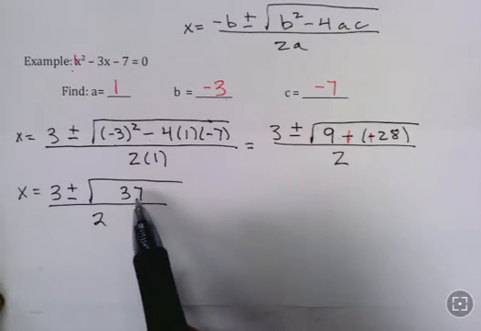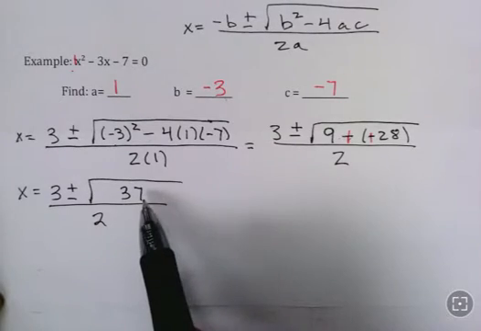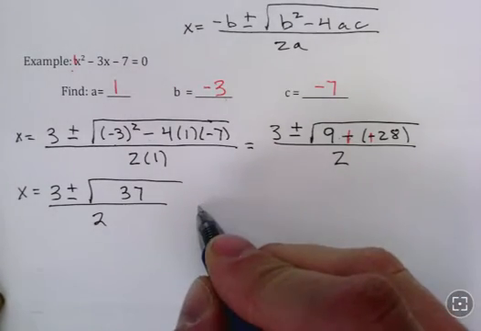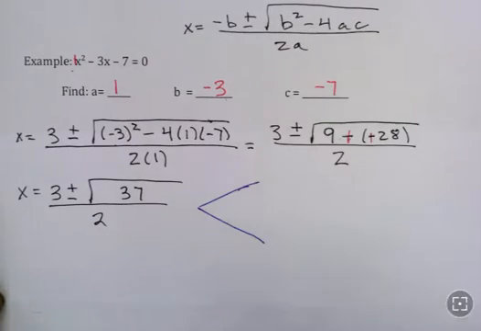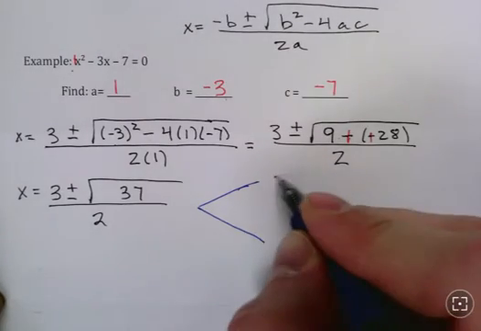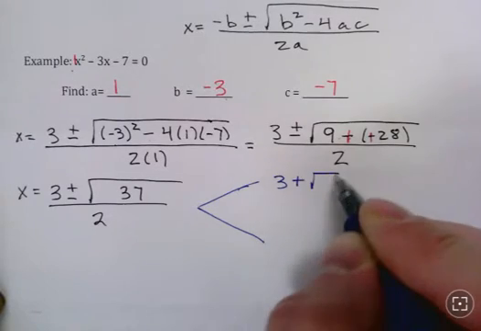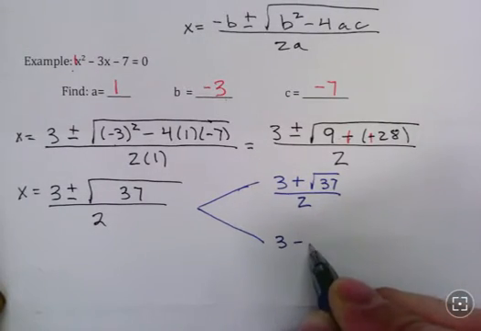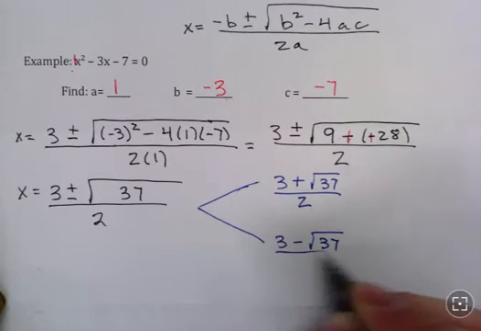You want it to be the square root of 36, but it's not. It's the square root of 37. So from here, we're going to separate that out into two separate answers, because that's what your quadratic formula is. So you have 3 plus the square root of 37 all over 2, and 3 minus the square root of 37 all over 2.